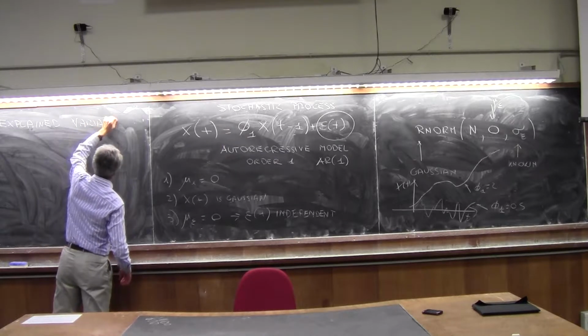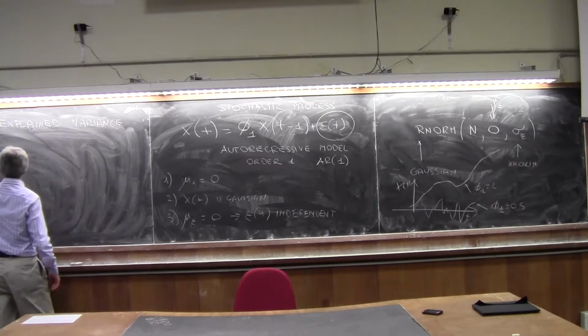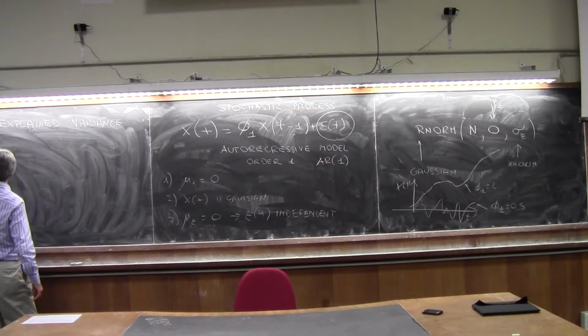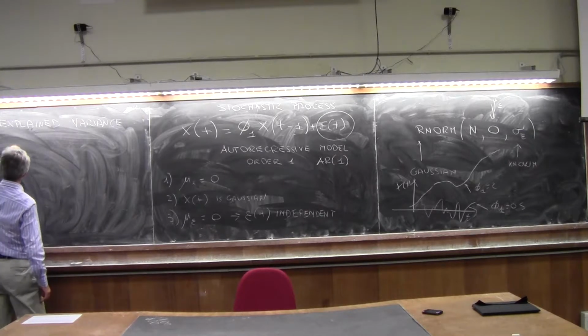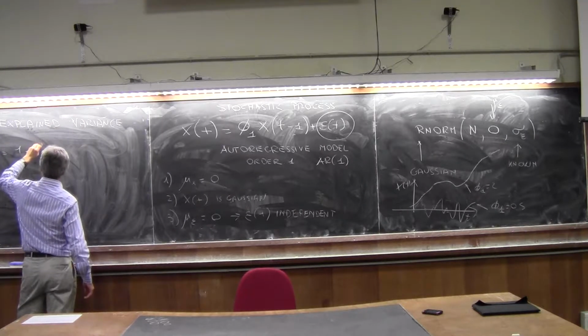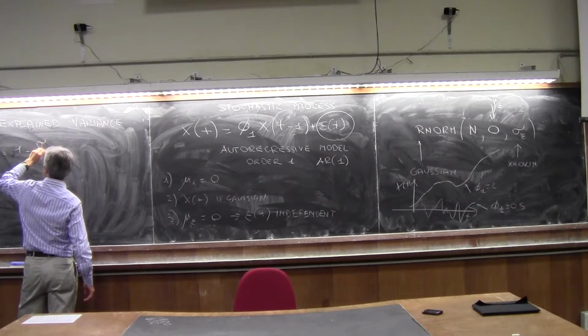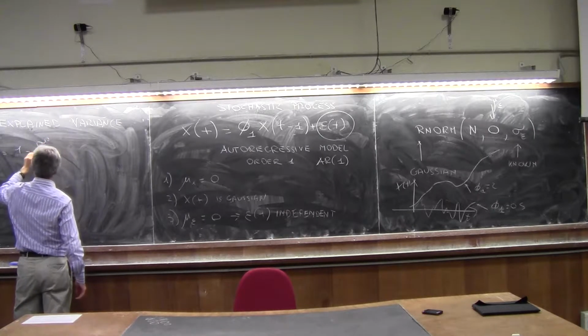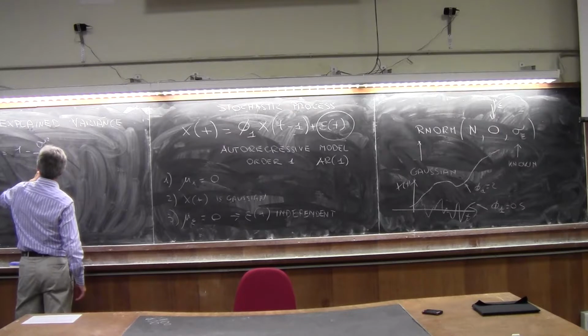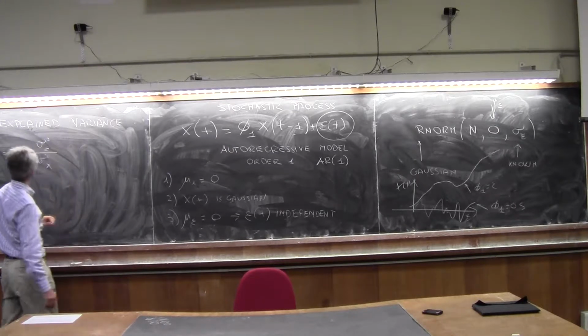The explained variance, let me call it sigma square P, is equal to 1 minus sigma square epsilon divided by sigma square x.